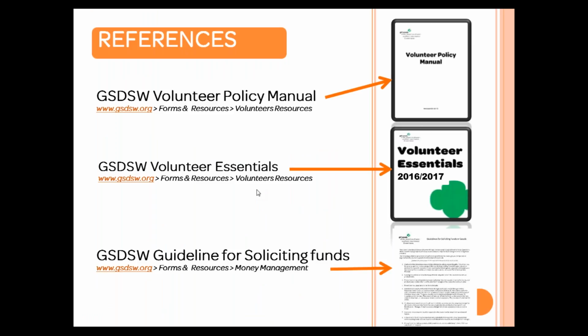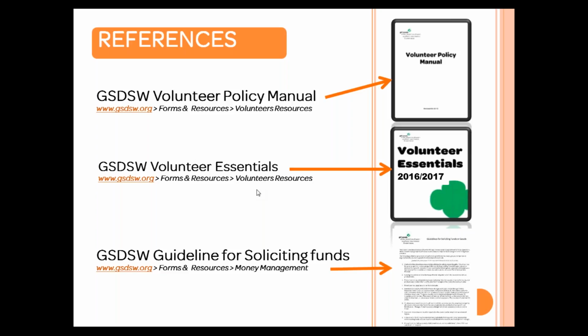So for the beginning of our presentation today, I just want to reference the three essential manuals or policies that we follow whenever we are following our fundraising events. We always look to the Volunteer Policy Manual, which is on our website under Forms and Resources, and it's Volunteer Resources. You can also reference our Volunteer Essentials, Forms and Resources and volunteer resources as well.